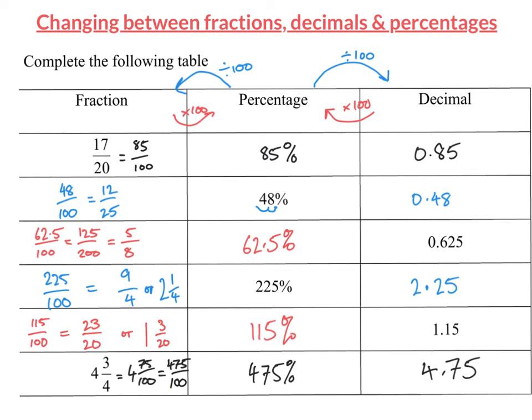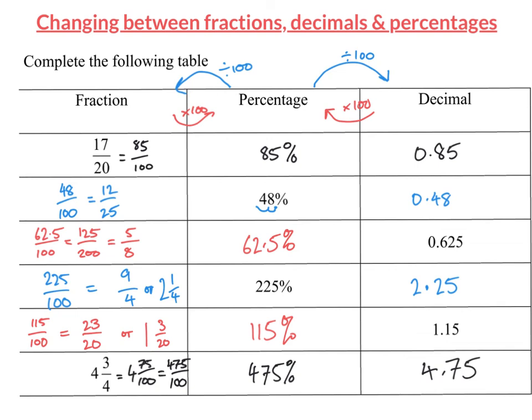One of the advantages of being able to change between these is that if you have a mixture of decimals, percentages, and fractions, and you want to compare them, and you're not quite sure, all we have to do is change them all into the same type, into decimals or percentages or fractions. I guess like if you were doing measurements, you'd want all your measurements in centimeters.